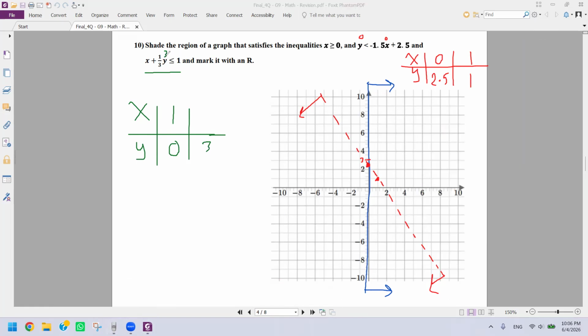When y is 3, 3 times 1 over 3 gives a total of 1. So 1 plus what to get 1? It's 0. So we get the points. x is 1, y is 0, it's here. The next one, x is 0, y is 3, it's here. And it has an equal sign, so a straight line.